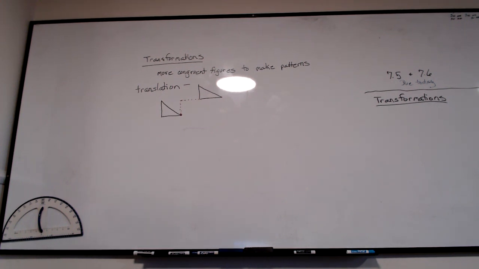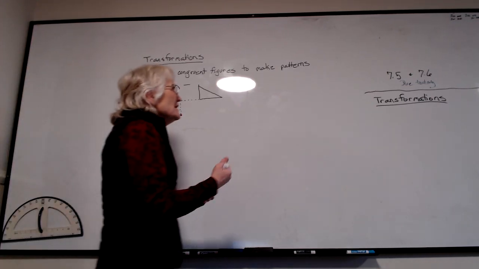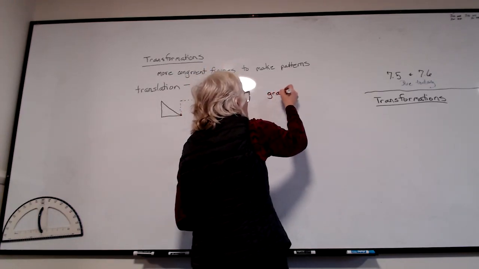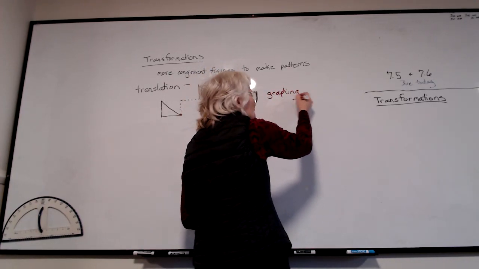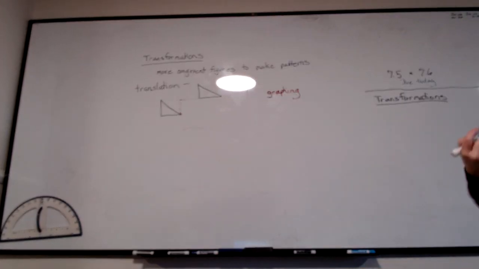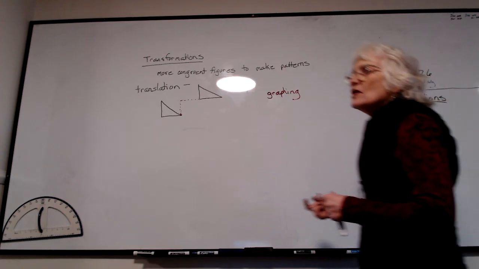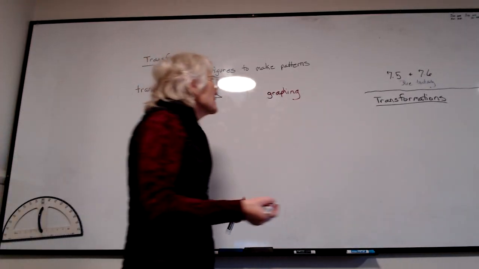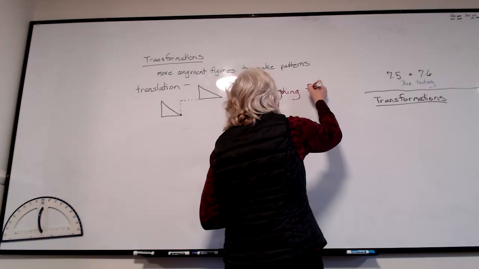A transformation. You just translate it. You move it up. This is used a lot in graphing, and we're going to tie this into graphing when we come back from the break, because we can graph and we do translations with our functions. When we graph functions, we do translations.